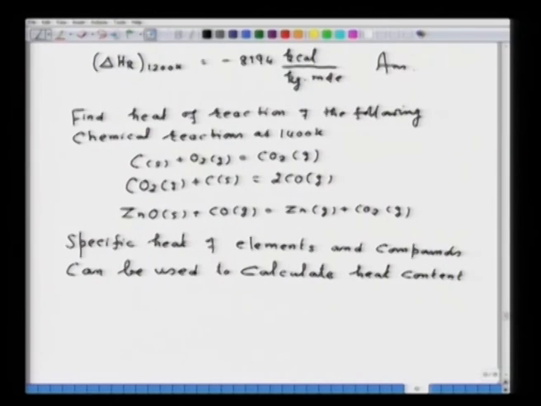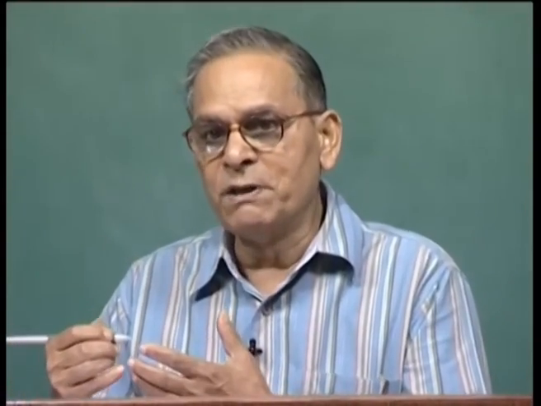The table does not give the values at all temperatures; it starts 200, 400, 800, 900. You want to calculate in between, what will you do? For that you can use the value of Cp.